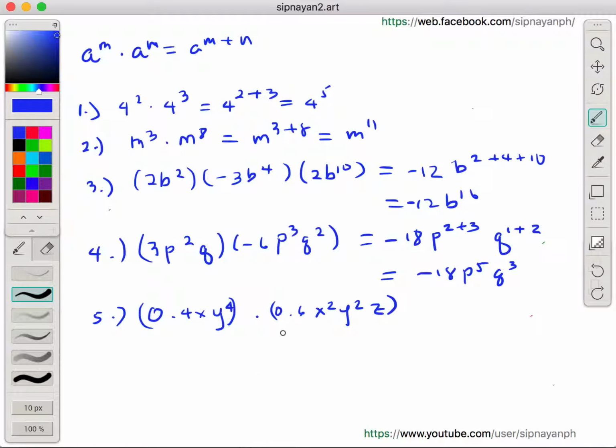So 0.4 times 0.6 is 0.24. And then x tsaka x squared, sabi natin meron yung 1, so this becomes x cubed. And then yung y squared tsaka y to the 4th, this is y to the 6th. And then we have z.